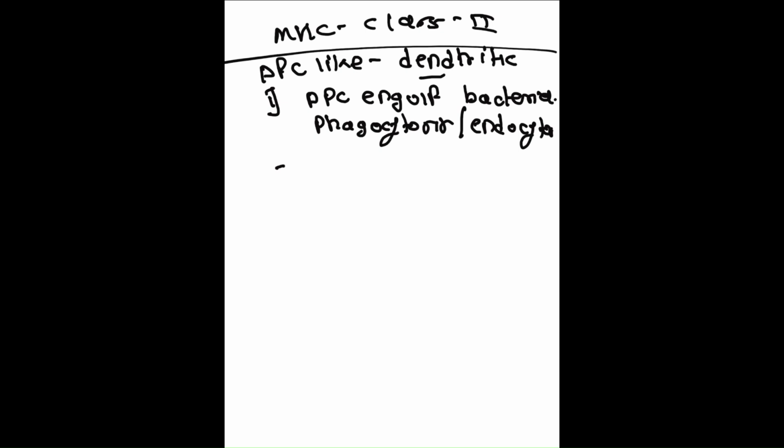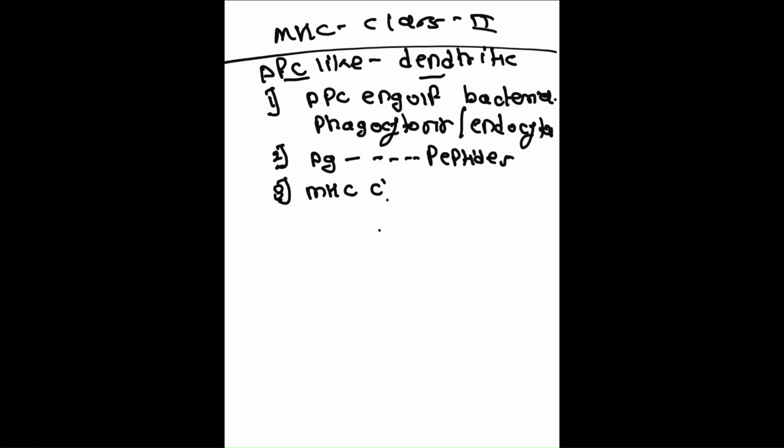Then the antigen is broken into peptides inside the endosomes or lysosomes. So don't confuse these two types. The process further is similar, the breaking down of the antigen into peptides.